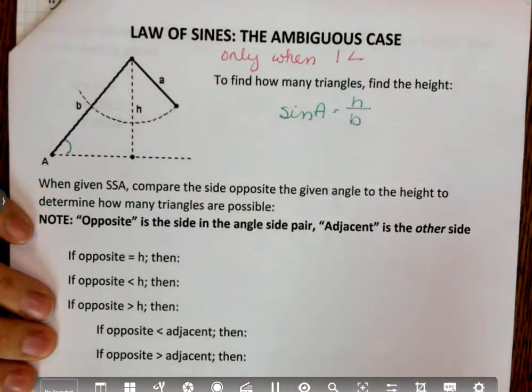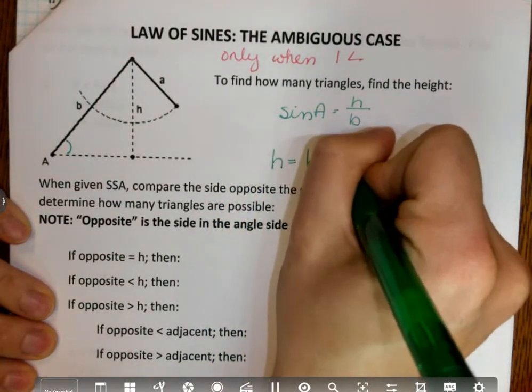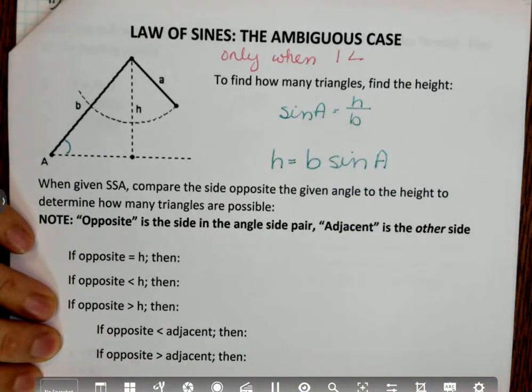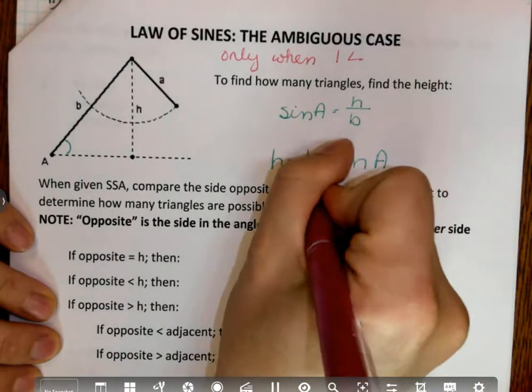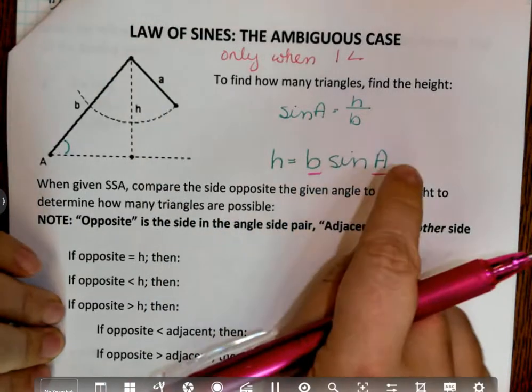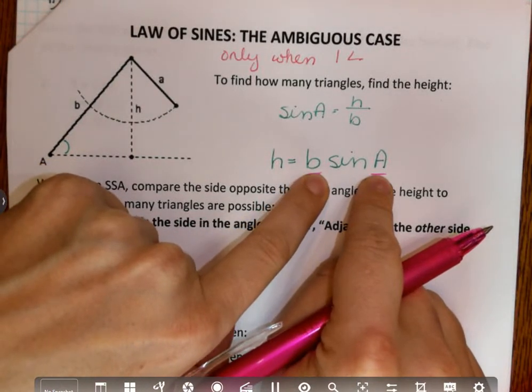So if I want to solve for the height, it is going to be b times the sine of a. And I want you to notice something. Are those the same? Is that the same letter? No. So as long as your angle and your side are not pairs, you're okay.